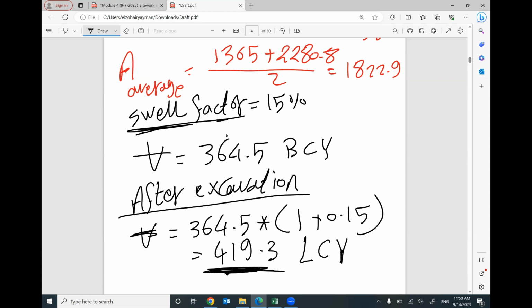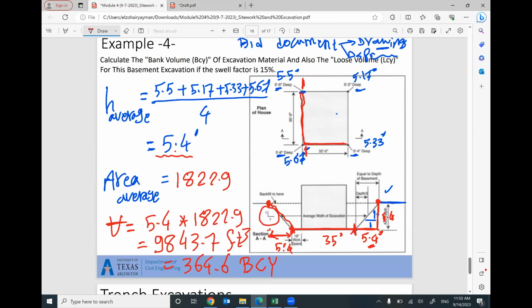That makes sense? Did you do the 1,822 divided by 27? This one? Okay, let me check, it looks like I have a mistake. Oh my goodness, thank you. If you divide this number by 27, I'm not sure how I got this number.